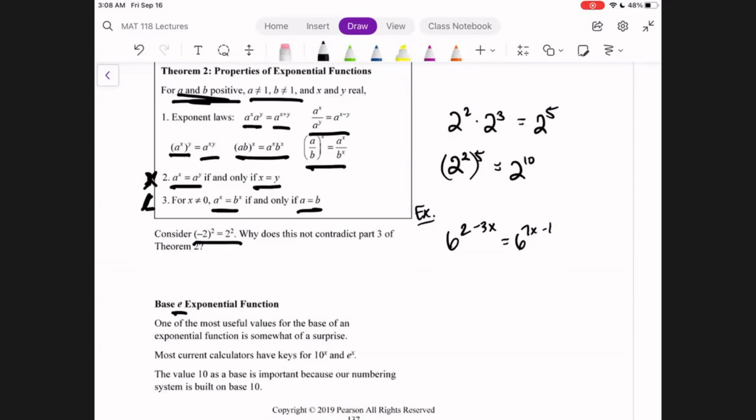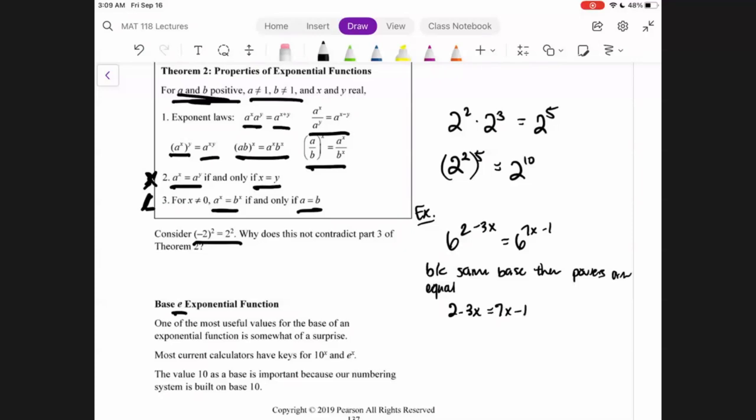Well, we see they have the same base, right? So because same base, then powers are equal. So we get 2 minus 3x equals 7x minus 1. And then you want to solve accordingly.